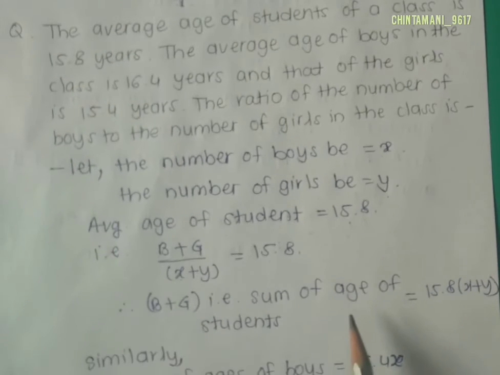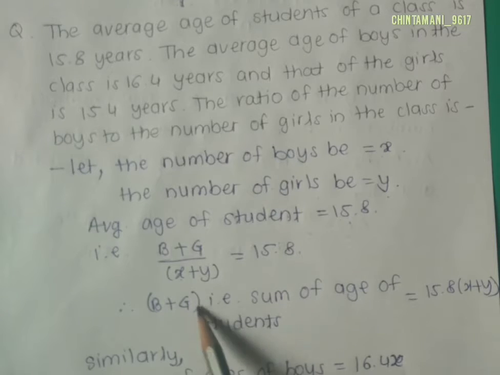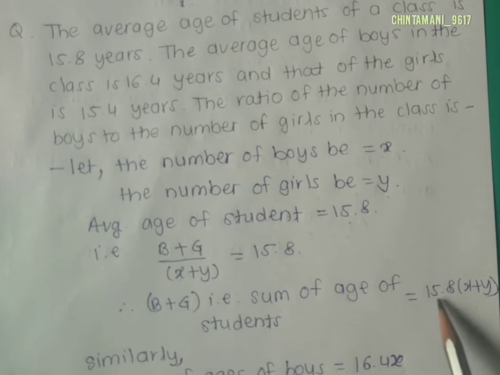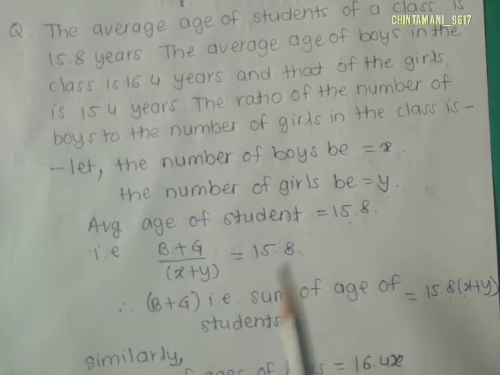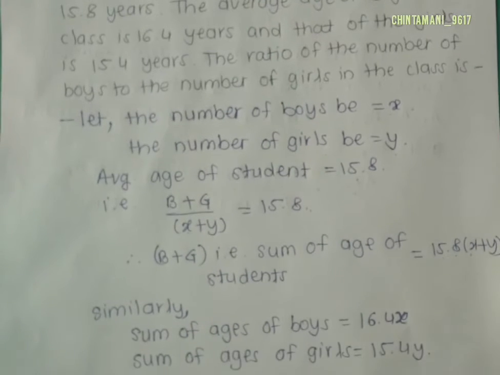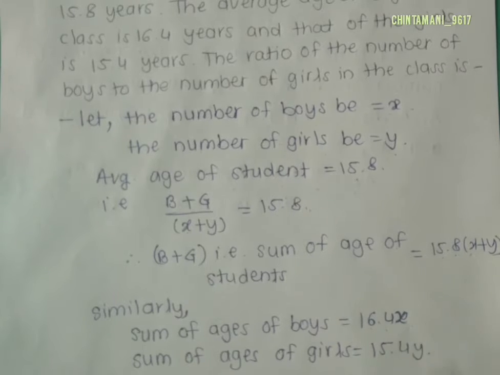So the sum of ages of students is 15.8 into (x + y), cross multiplying x plus y to this side. Similarly, the sum of ages of boys is 16.4x and the sum of ages of girls is 15.4y.